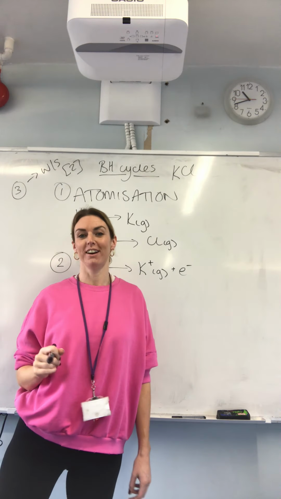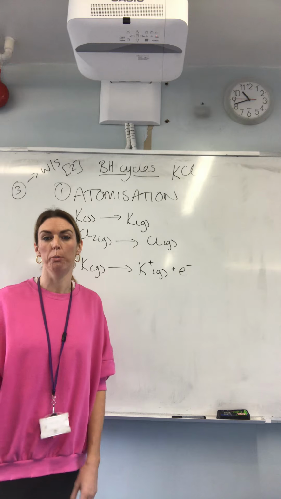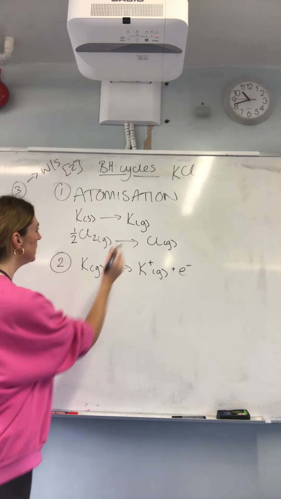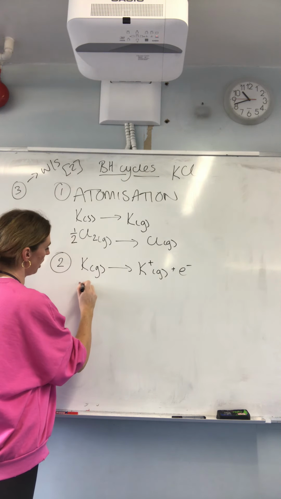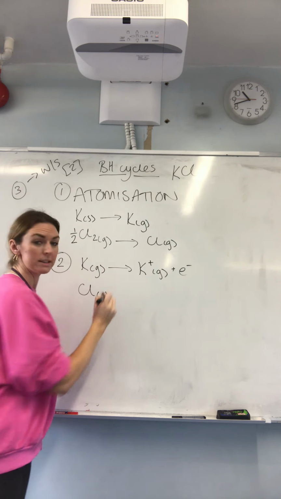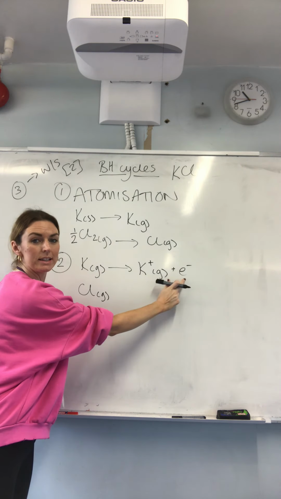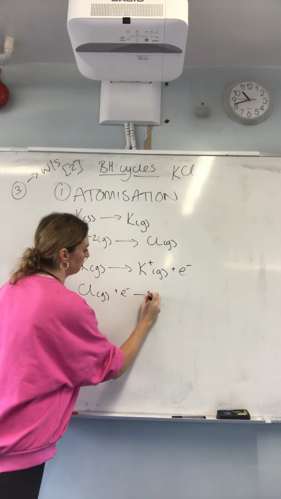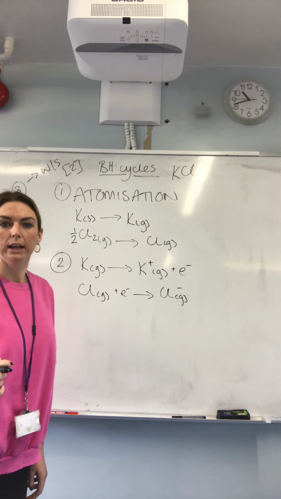Right. So we don't just ionize our positive ions, we also form our anions. But this is measured in a slightly different way. So, again, sticking with chlorine as our example, if we have got chlorine gas, that's going to become a negative ion. So it's going to gain the electron that potassium lost. So, our equation is going to look like that.